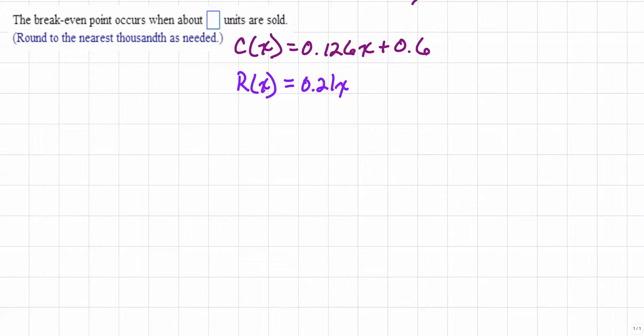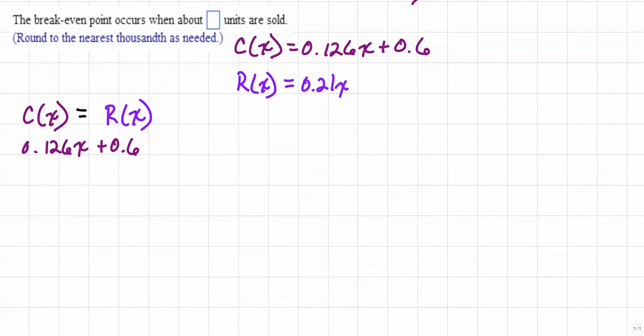So we take these two functions and set them equal: C of x is equal to R of x. Substituting in the function for C of x, that is 0.126x plus 0.6, equal to the revenue function, 0.21x. Now we solve for x.